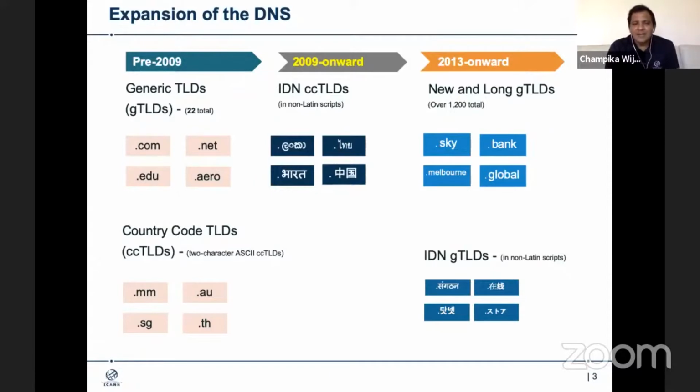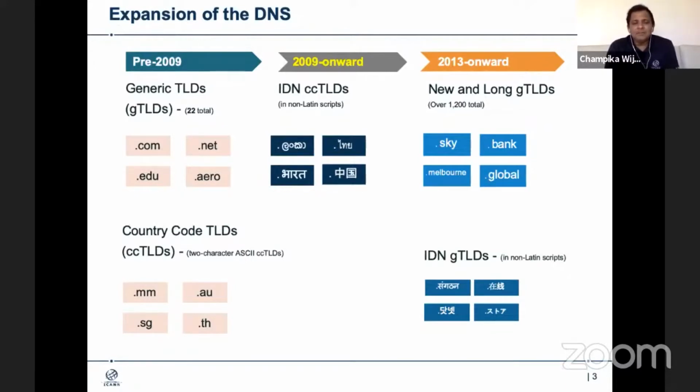If I put that into three eras, initially before 2009, there were the generic top level domains. These were the standard historical ones, mostly 3-character domain names like .com, .net, .edu, and so on.